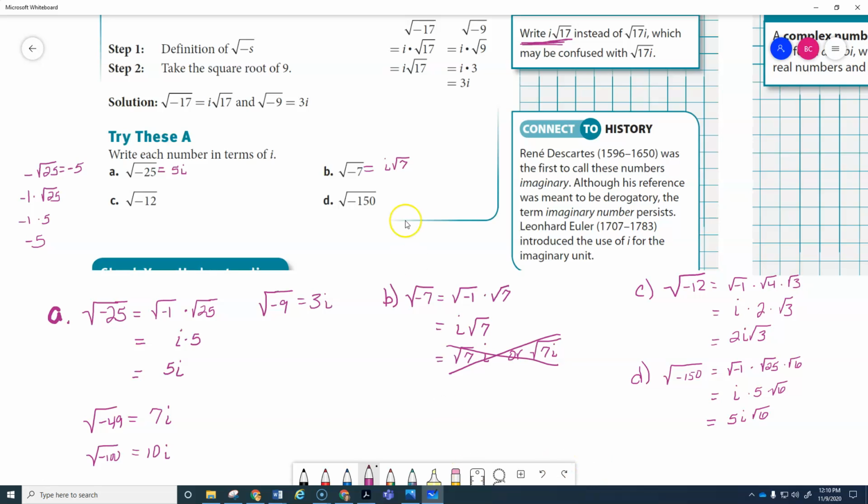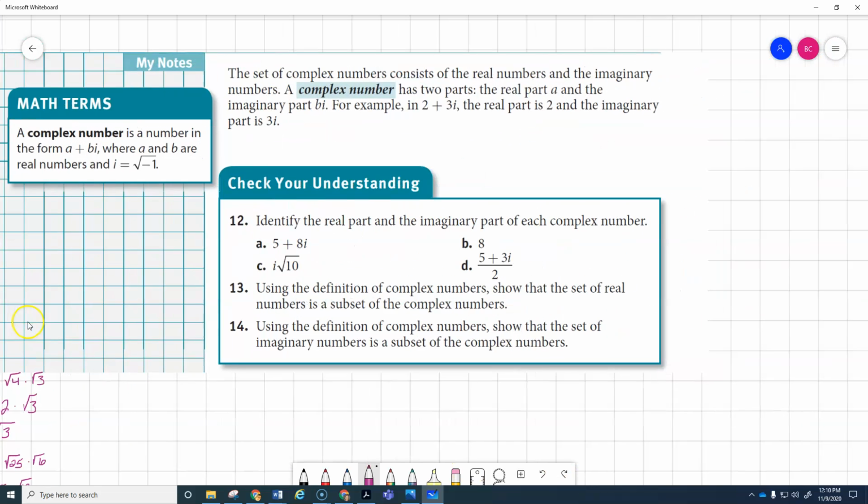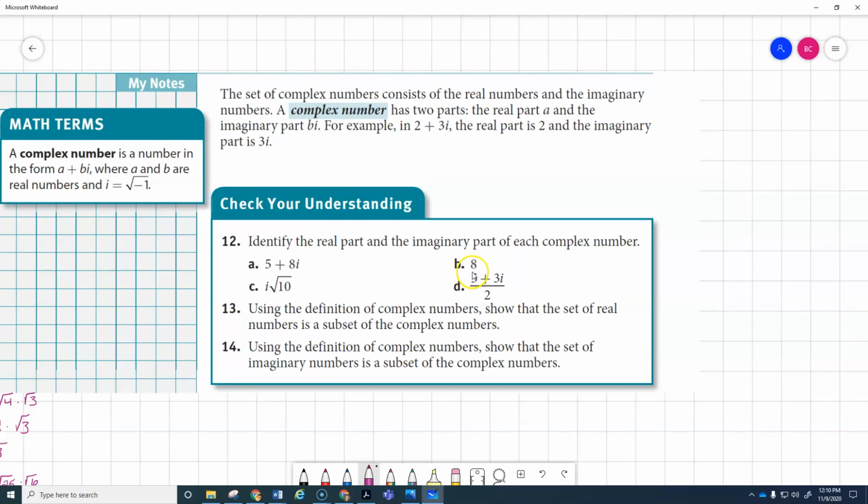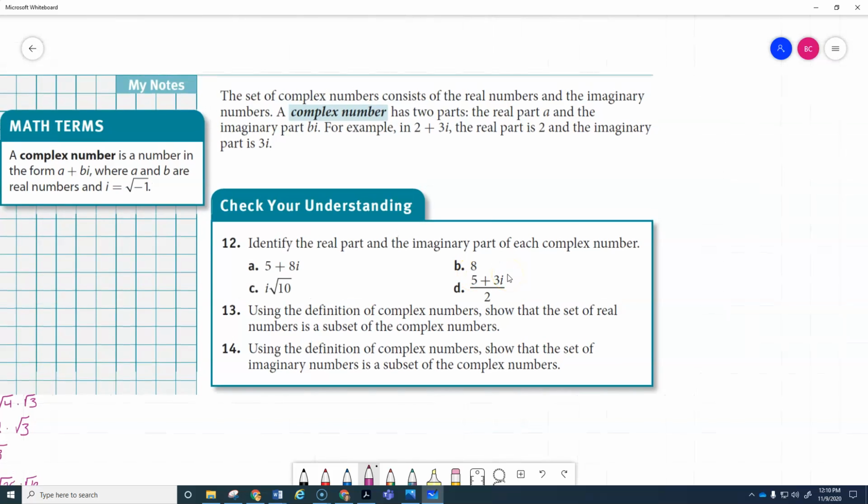All right, then the next thing you have to know is there is a thing called a complex number. Imaginary numbers are numbers with an i in them, having the square root of -1, and a complex number is made up of a real part and an imaginary part.